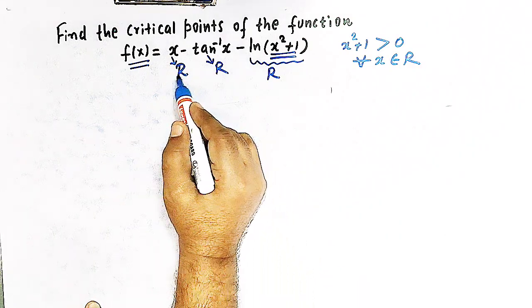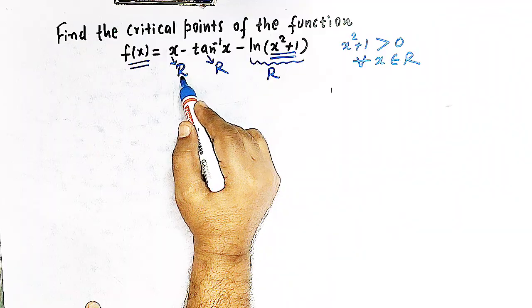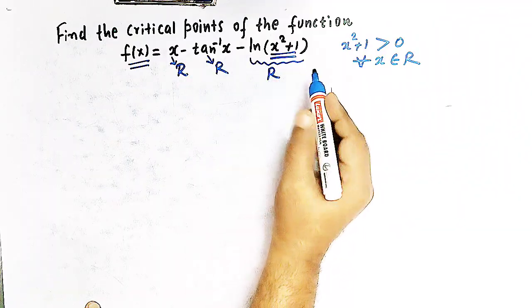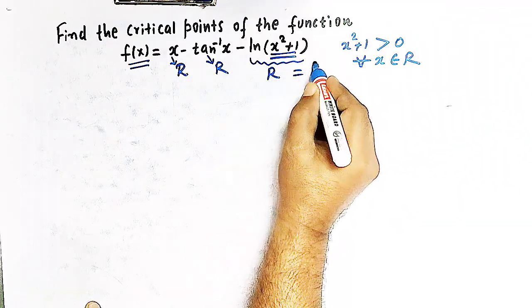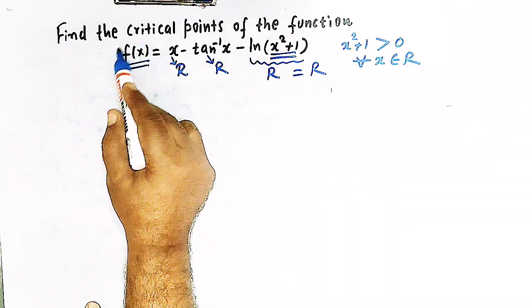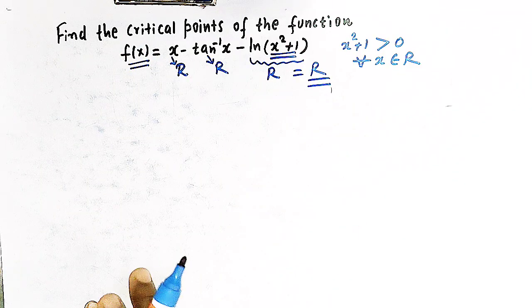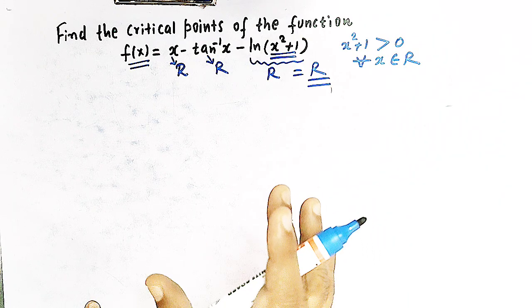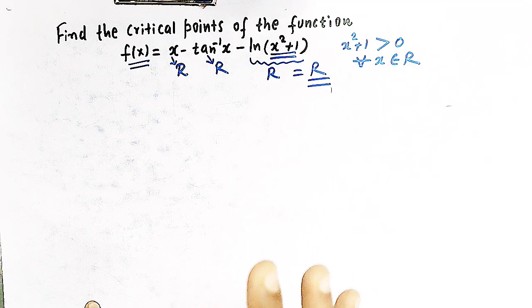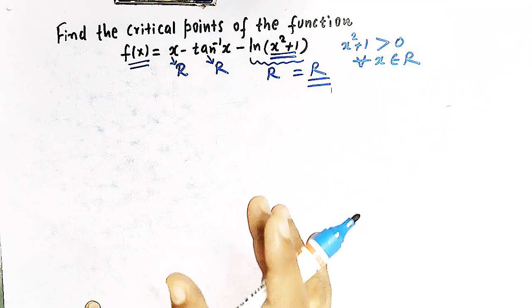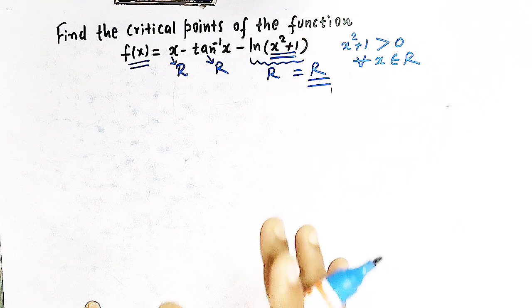And the intersection of these three domains is equal to R, right? So the domain of this function is the set of real numbers, and a critical point of a function is a point in the domain of the function where the first derivative is 0 or it is not defined, right?